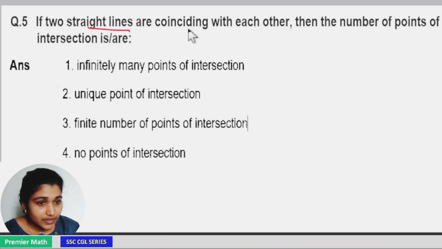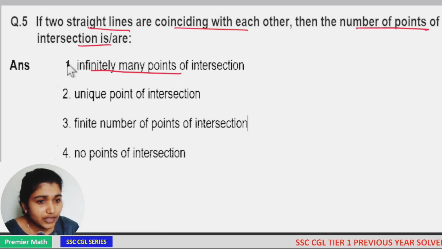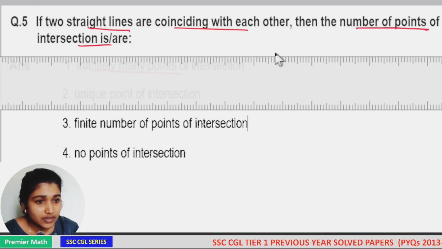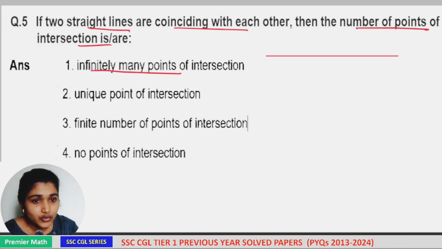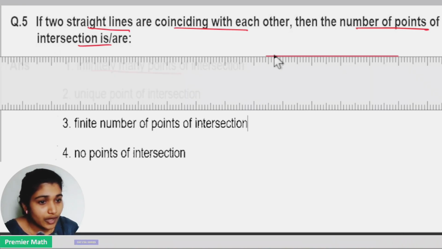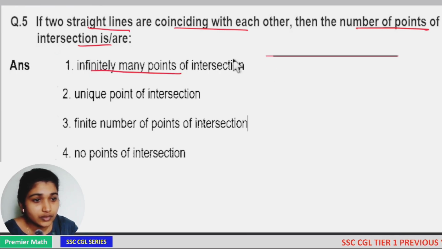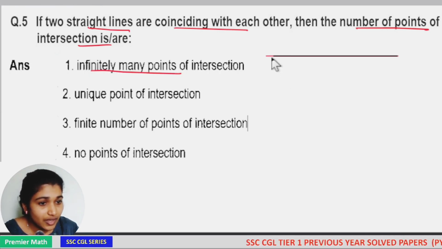If two straight lines are coinciding with each other, the number of points of intersection is infinitely many points of intersection. That is, here I'm drawing a line. Now, if you're drawing an overlapping line above this, here you can see this red. Actually, if I'm drawing a black line over this, you can't see this.